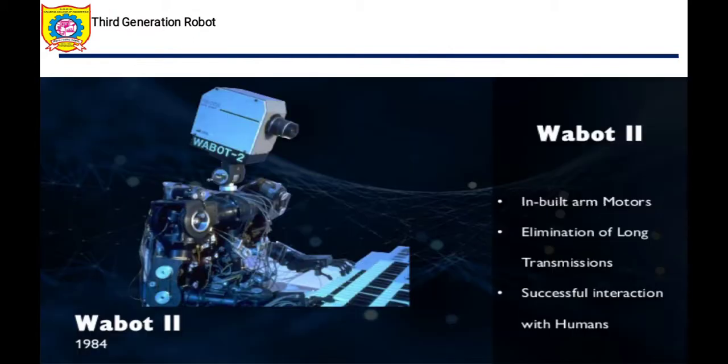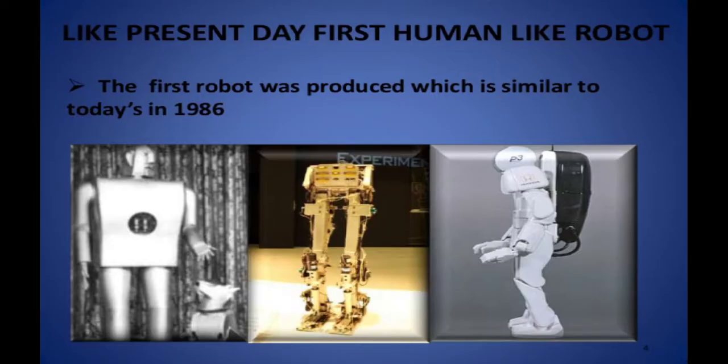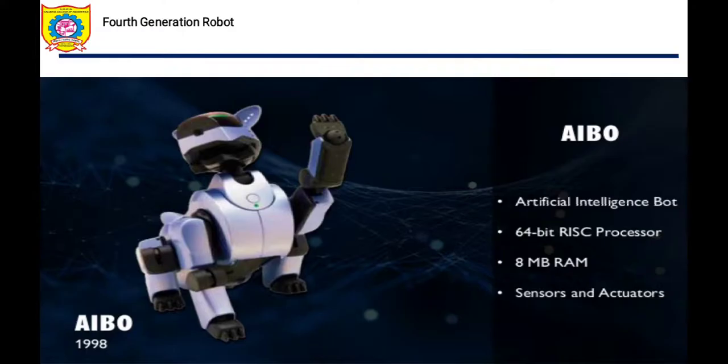Wabot 2. You can see inbuilt arm motors are there, elimination of long transmission, and successful interaction with human beings. Then the first present-day human-like robot was produced, in 1986. So you can see changes have taken place.